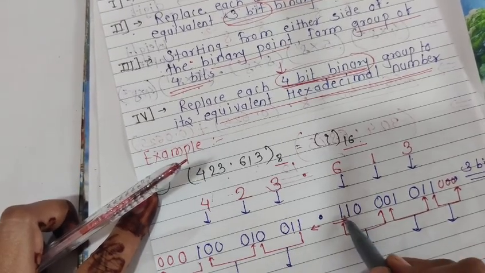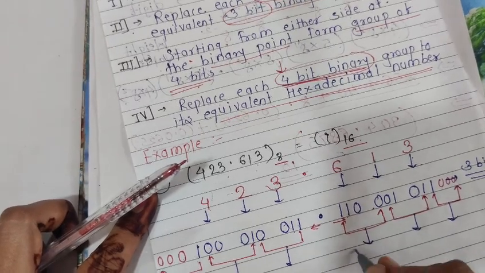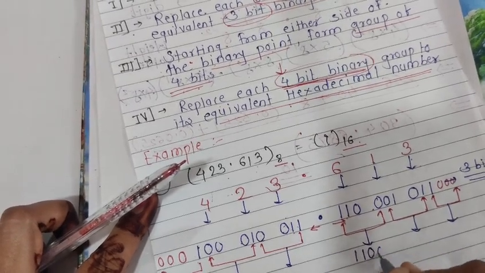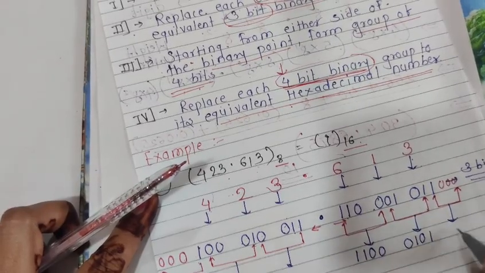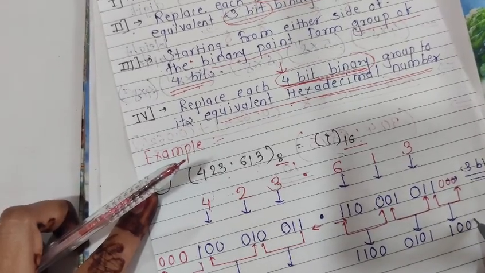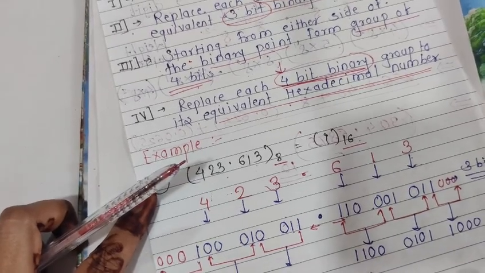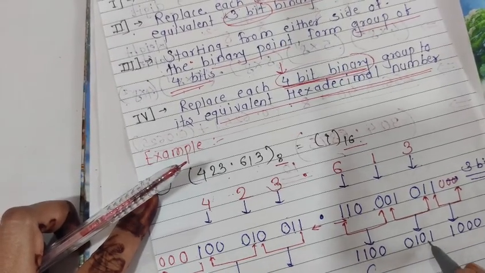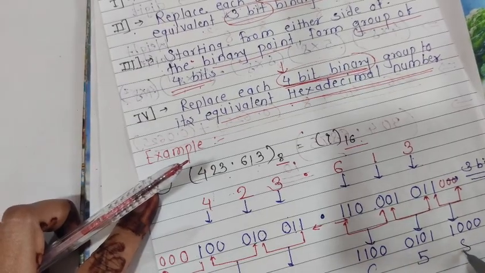Point. 1100, what is the hexadecimal for 1100? It is C. 0101 is 5, and 1000 is 8.